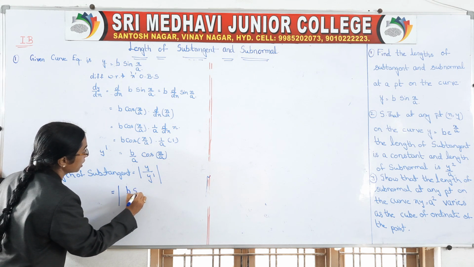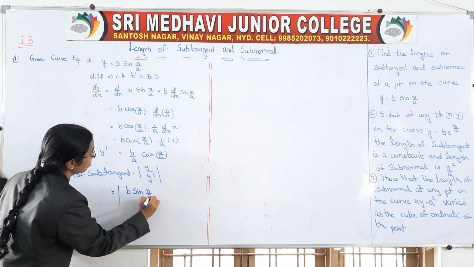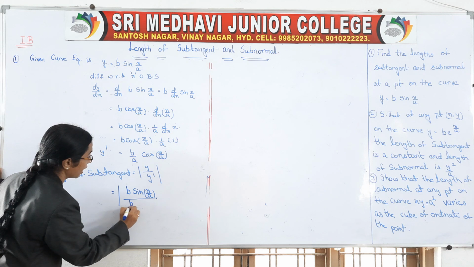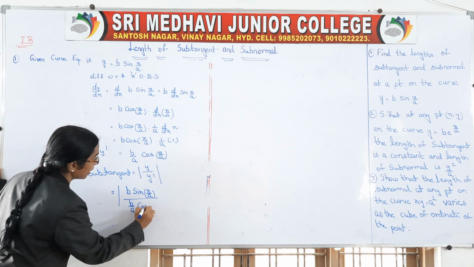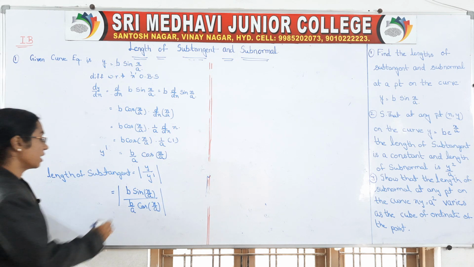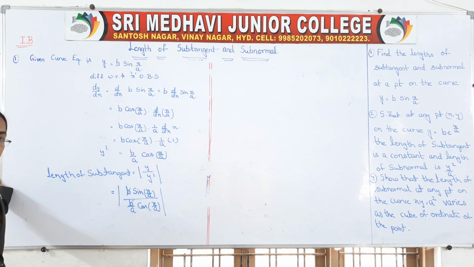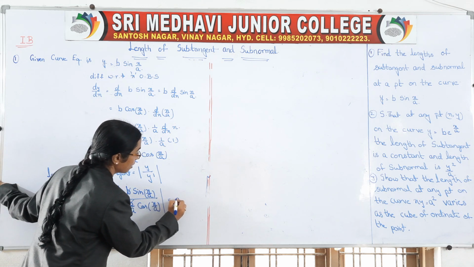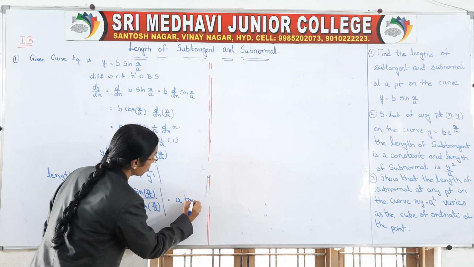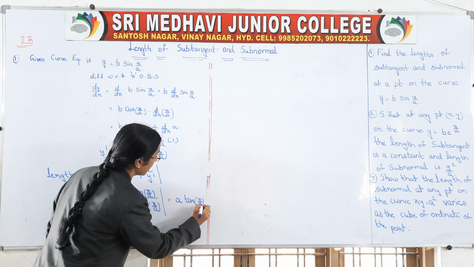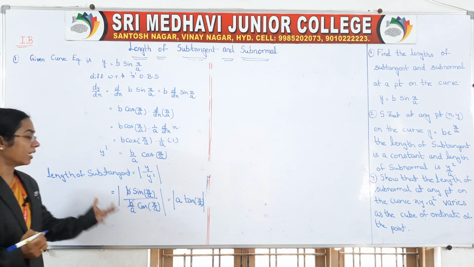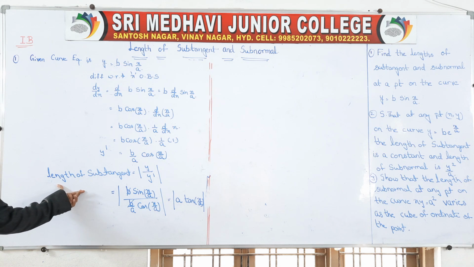Your y is b into sin of x by a, by y dash, which is b by a cos of x by a. So b will get cancelled, this 1 by a goes upwards and becomes a, and sin by cos is tan, isn't it? So it is a tan of x by a, and for that modulus is there. That is your length of subtangent.